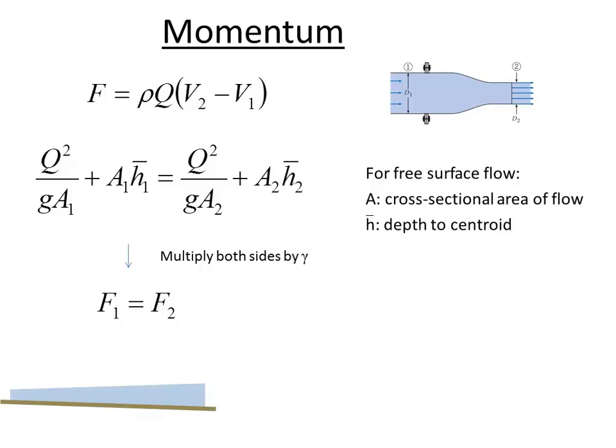And once again, if we multiply meters cubed by newtons per cubic meter, the units associated with gamma, that's going to yield just plain old newtons. So what we're adding here is a unit of force, once we've multiplied both sides by gamma, and we're saying that one can conserve momentum through a cross-section where the depth is changing.